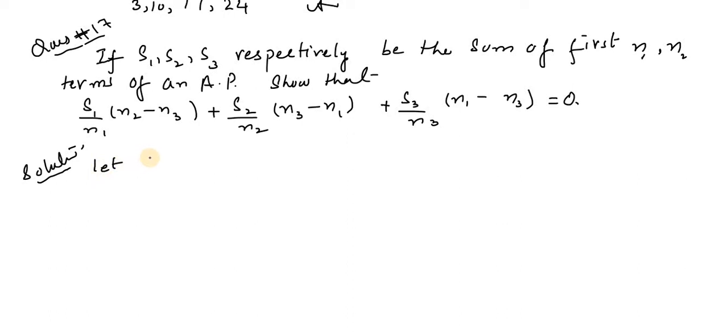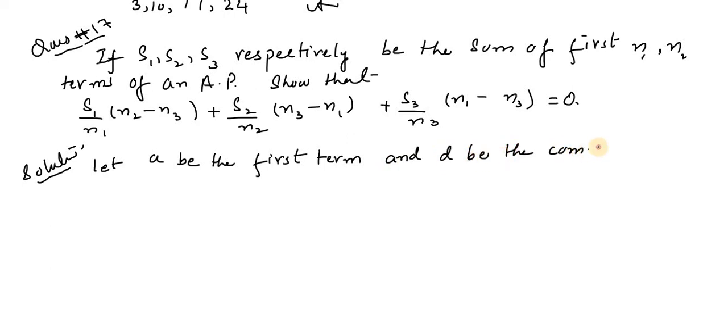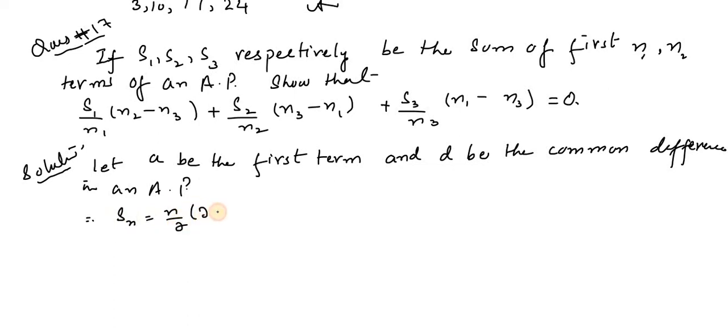So here let A be the first term and D be the common difference. In an arithmetic progression, we know that Sn is equal to n upon 2 times (2a plus (n minus 1) D).